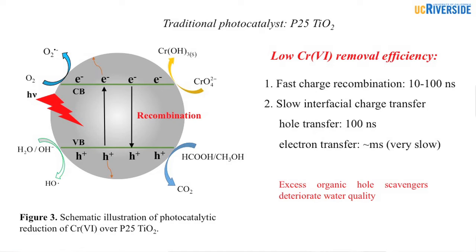So we see chromium 6 removal efficiency is very low for the traditional photocatalyst. To address this issue, people usually add external organics like formic acid and methanol to capture the holes on the valence band. In this way, only electrons are left on the nanoparticle, so they can be released for the reduction.